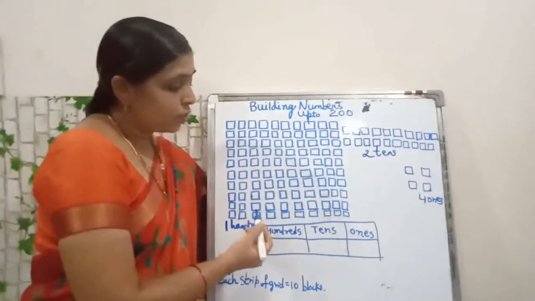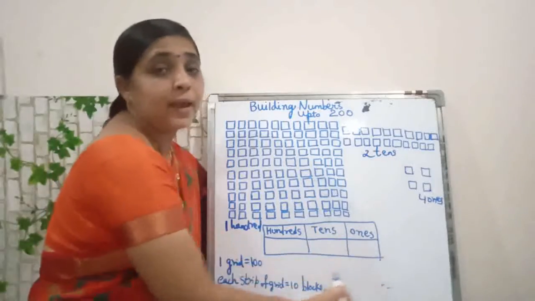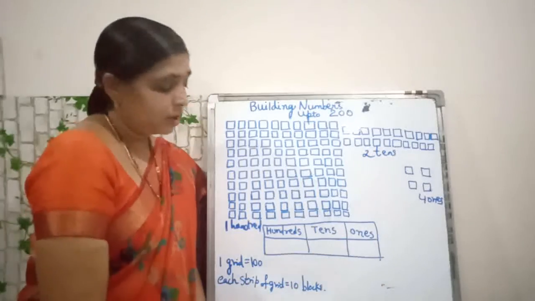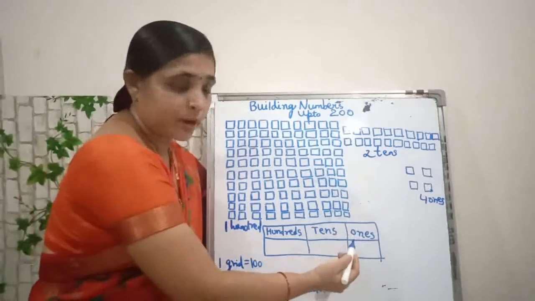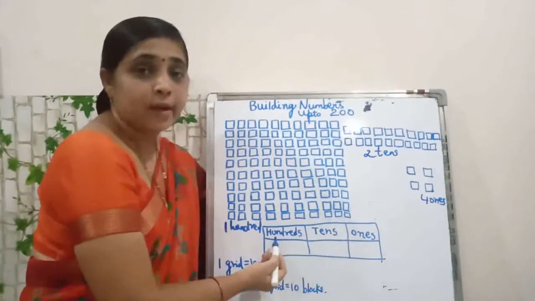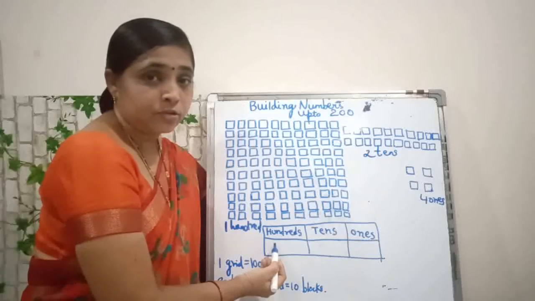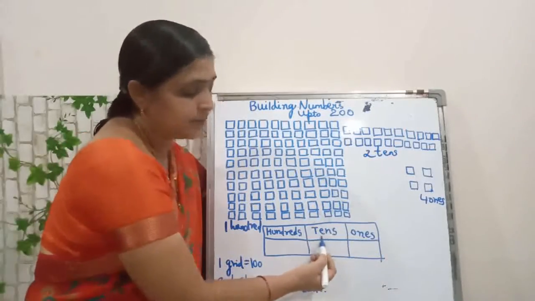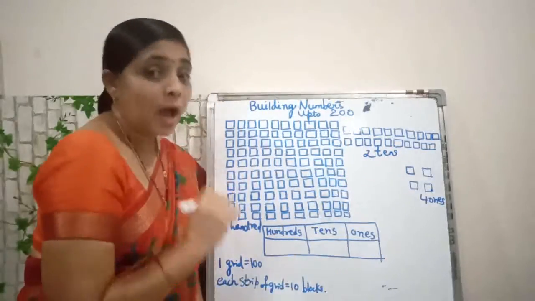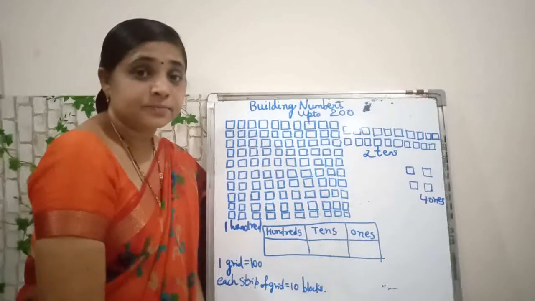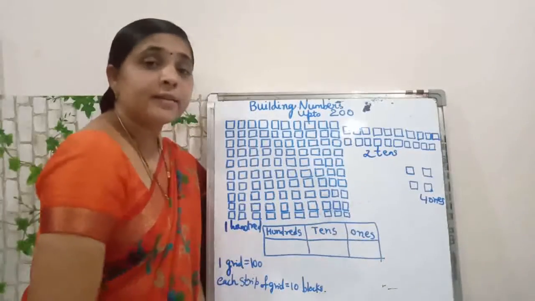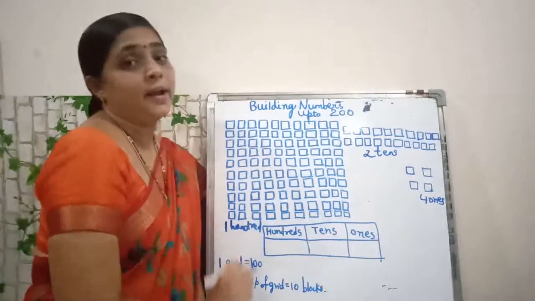So, now we have to place a place value chart. You have to draw a place value chart neatly. And you have to write ones, tens, hundreds. Understood? And now you have to place the number in the chart. So how many hundreds are there here? 100.